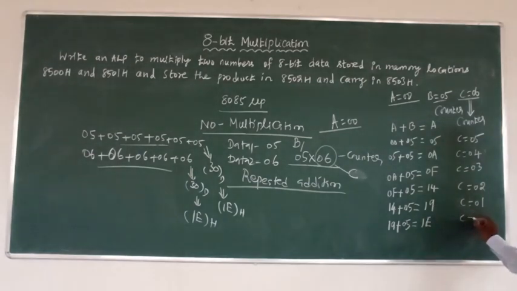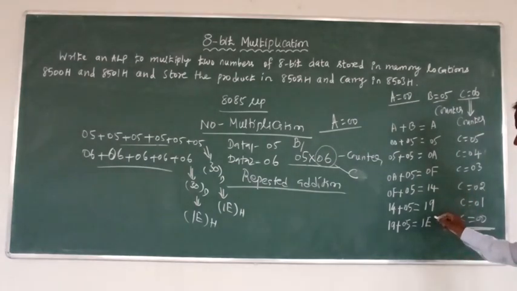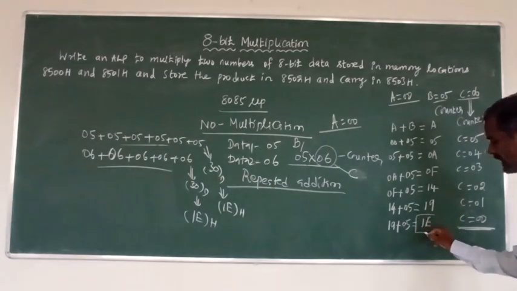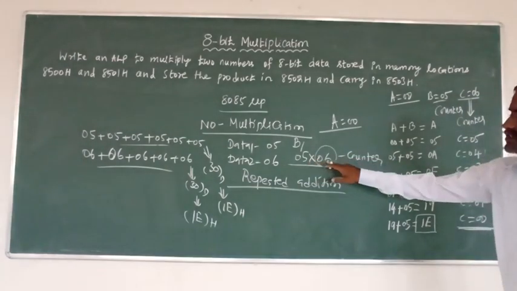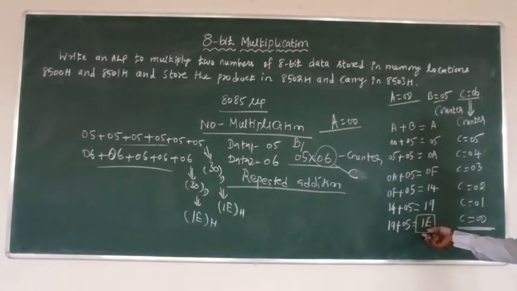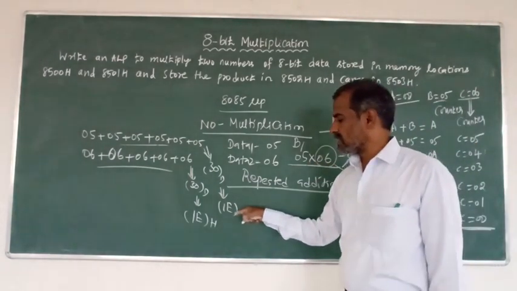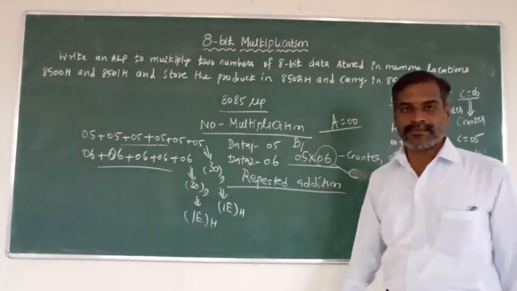Now C equals 0. When C equals 0, we stop the process and store the accumulated result. This is 05 into 06, and the result is 1E. 1E has the corresponding decimal value 30.